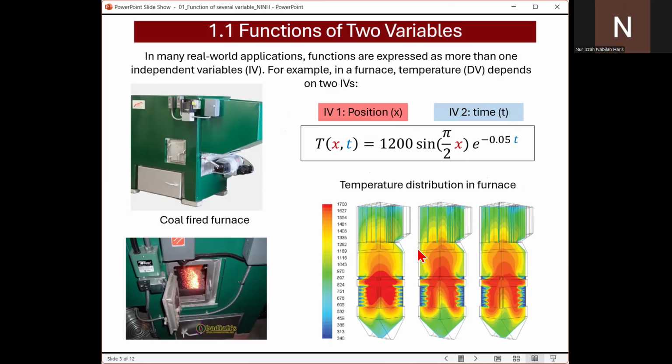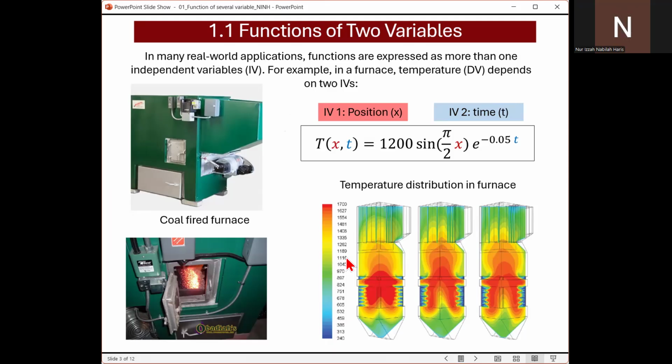If we try to draw the distribution of the temperature, we can see that the inner part here is the hottest. You can see here at the scale, the highest temperature is red color, around 1700. The lowest is blue color, 240. So the highest temperature is at the center, and if you go further, the temperature becomes lower.